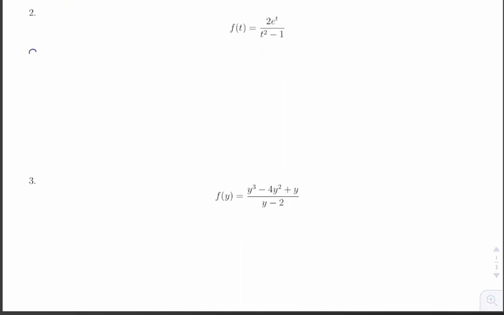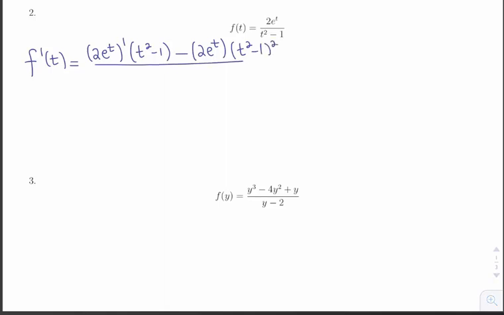So f prime of t is equal to the top function prime times the bottom minus the top function times the bottom prime over the one on the bottom squared. Now we'll compute derivatives.